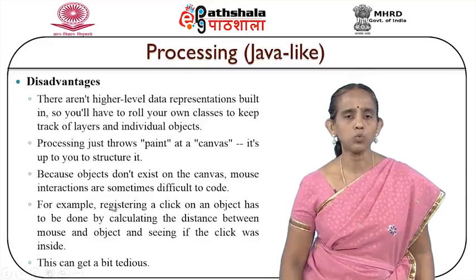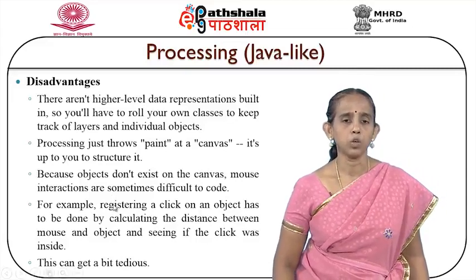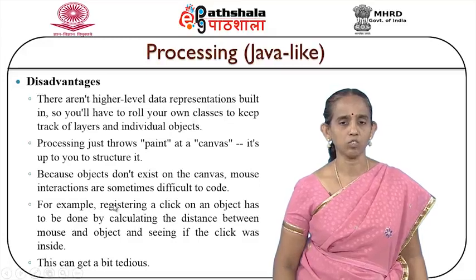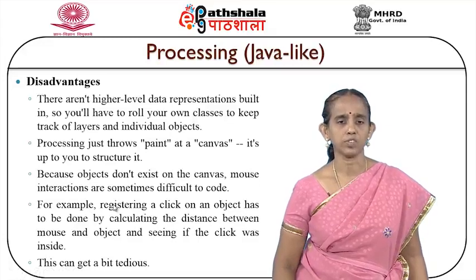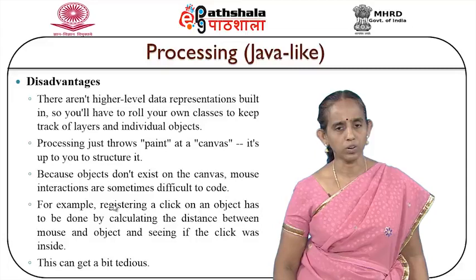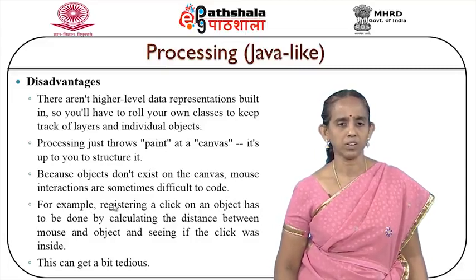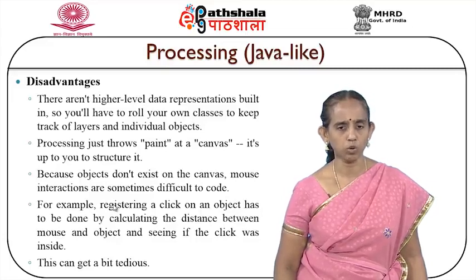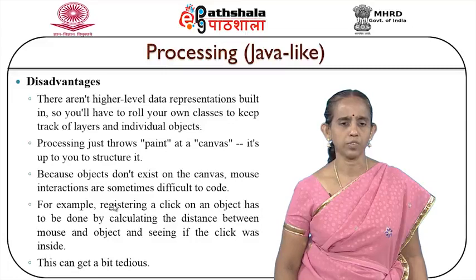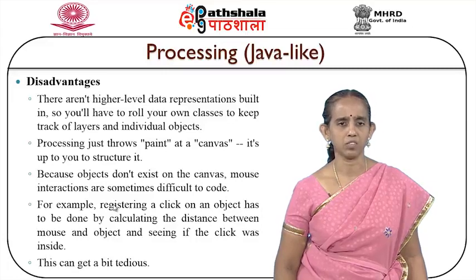It's up to you to structure it. Because the objects don't exist on the canvas, most interactions are sometimes difficult to code. For example, registering a click on an object has to be done by calculating the distance between the mouse and the object and seeing if the click was inside. This can be a bit tedious.